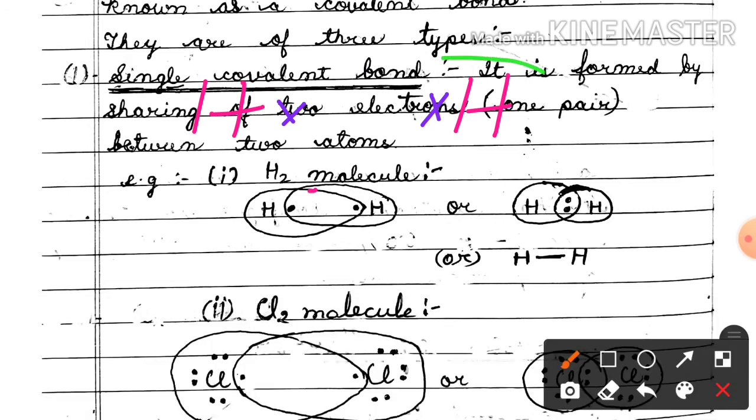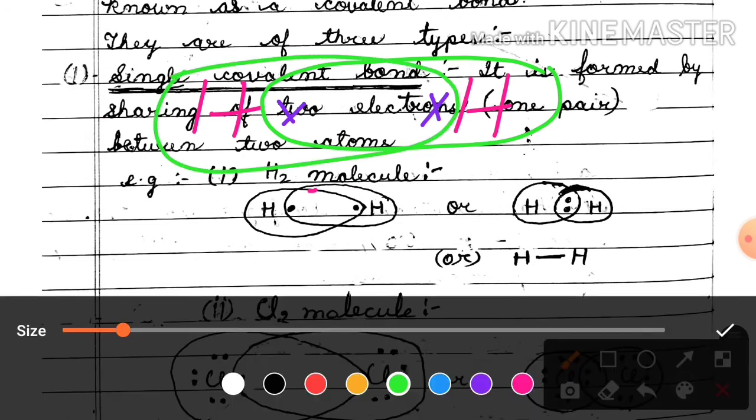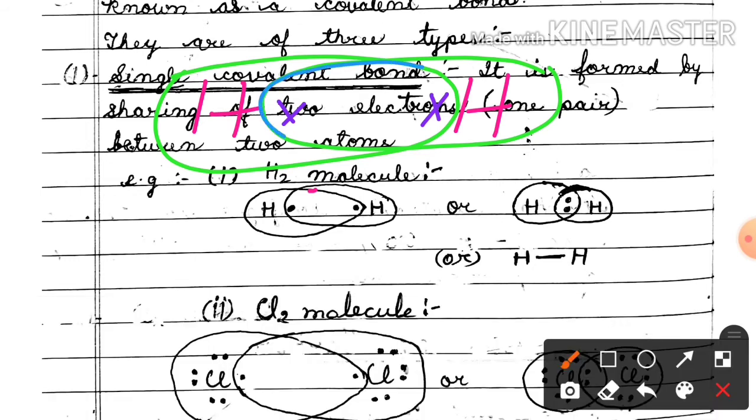So this hydrogen takes the share of this electron, and this hydrogen takes the share of this electron, and here is the sharing of the 2 electrons, and whenever there is a sharing of the 2 electrons, the bond which is formed is called covalent bond, and especially it is called single covalent bond. So the single covalent bond is formed by the sharing of the 2 electrons.